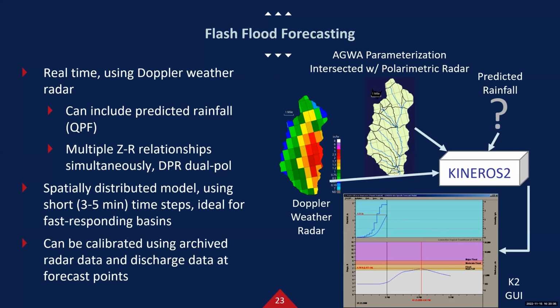So we've got a version that also does flash flood forecasting. We worked with the National Weather Service on this, and here's a typical radar image. This is the same stuff you see on the weather segments of the nightly news, the Weather Channel. And each of these pixels is color coded to an intensity in inches per hour. So basically, the center point of each of these pixels that the radar is sensing is treated as a rain gauge.